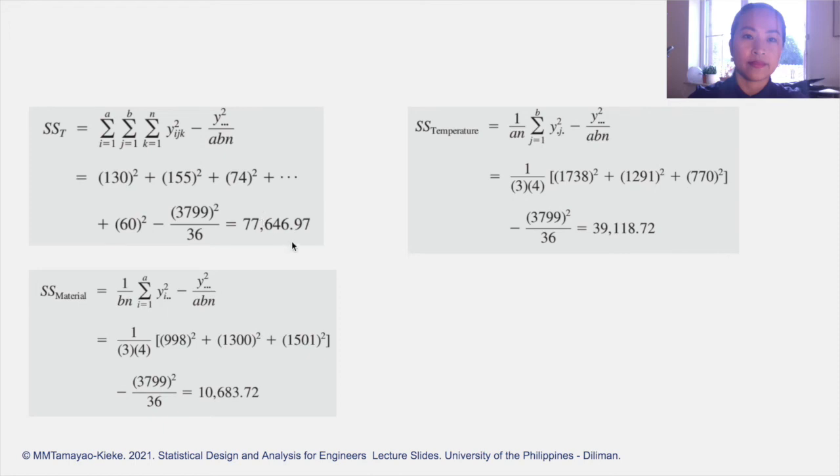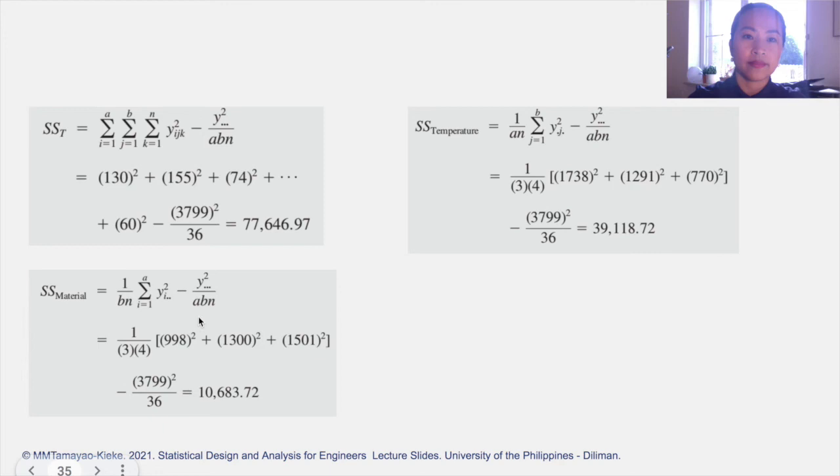Computing the sum of squares for the material, we just get the square of the totals for each level of material, divide that by bn, and subtract the grand total squared over abn.